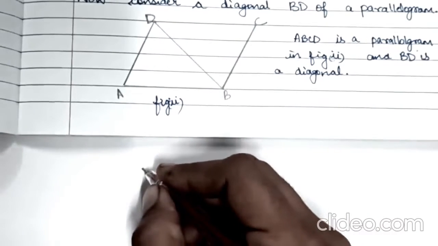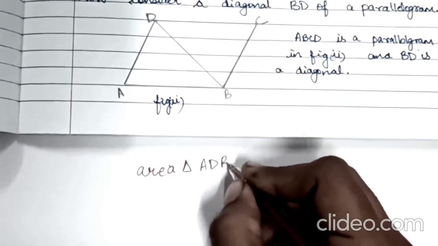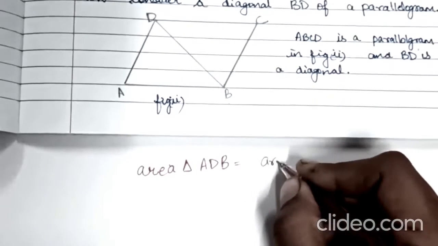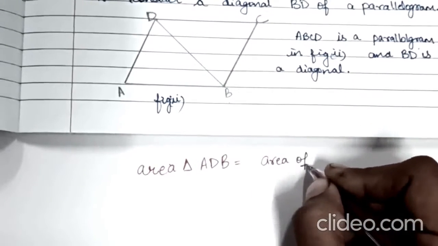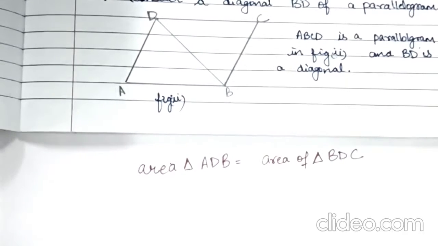So we can say that area of triangle ADB is equal to area of triangle BDC.